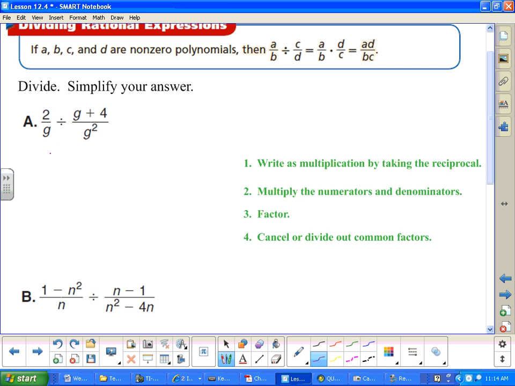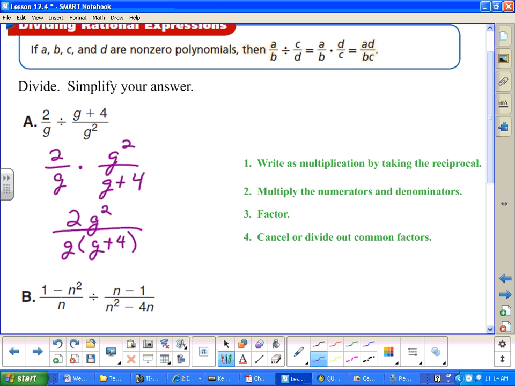So we have 2 over g times g squared over g plus 4. So I'll write it as multiplication. So I have 2g squared over g times the quantity g plus 4.